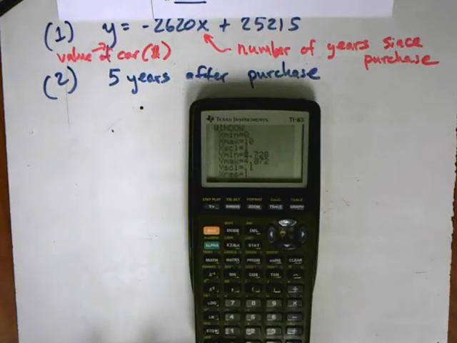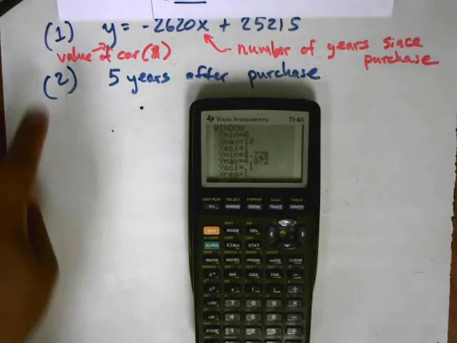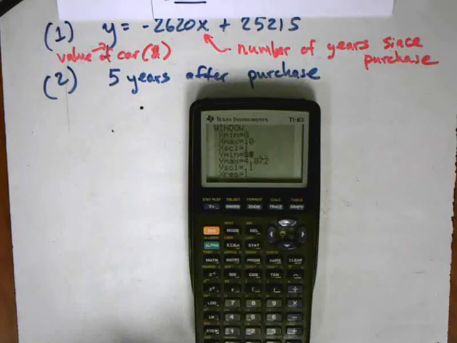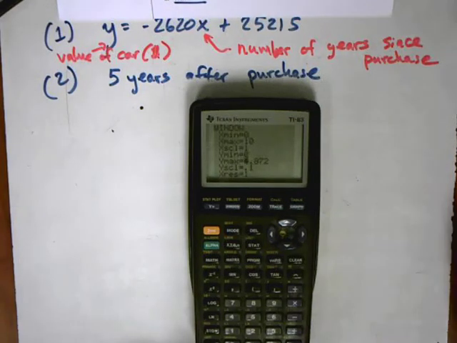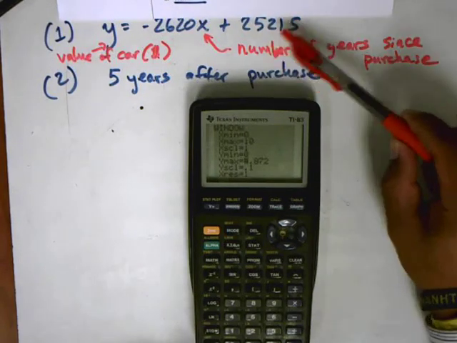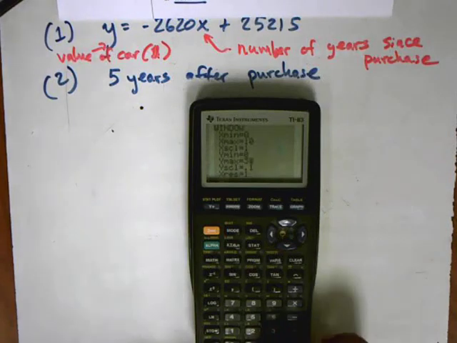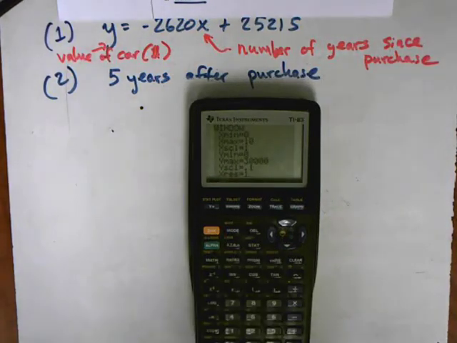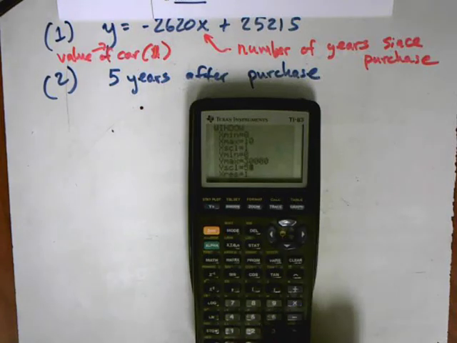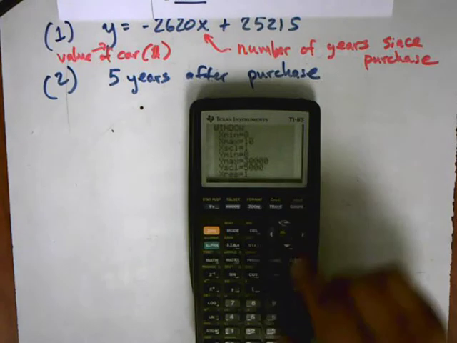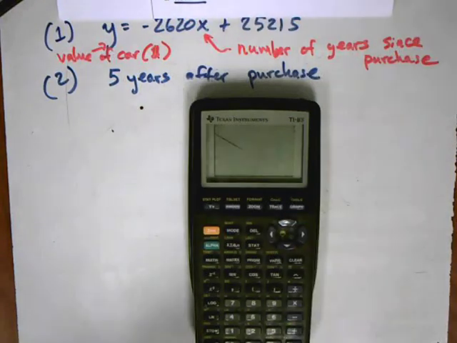The y min, so remember that y represents the value of the car, which is the smallest it can be is $0, and the highest it can be is 25,215. But I'm just going to go a little bit higher than that, just so that the graph is easier to visualize. So I'm going to go to 30,000, and I'm going to increment it in $5,000 increments. Okay? And once that's on, you can hit graph.